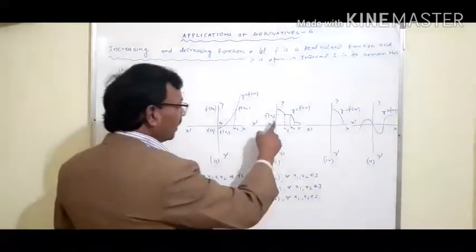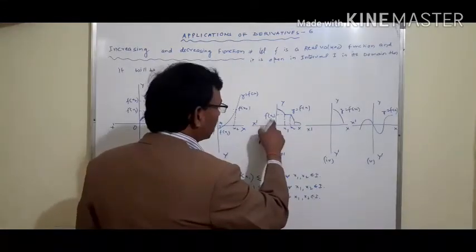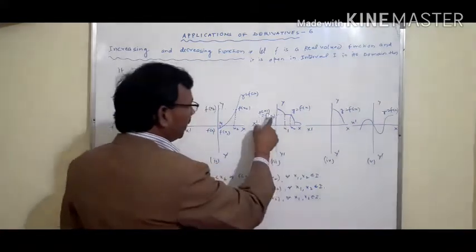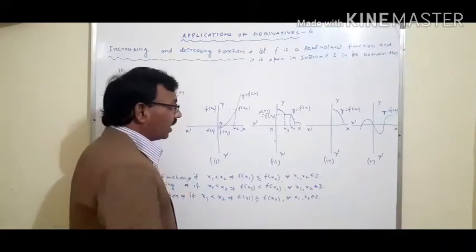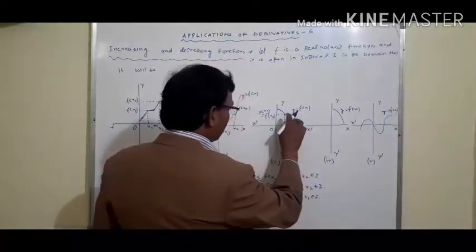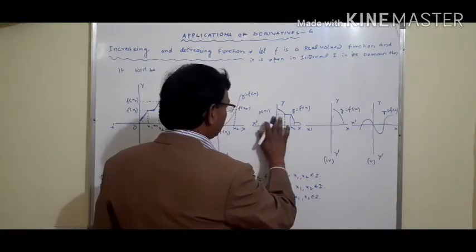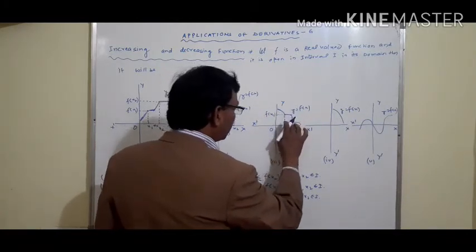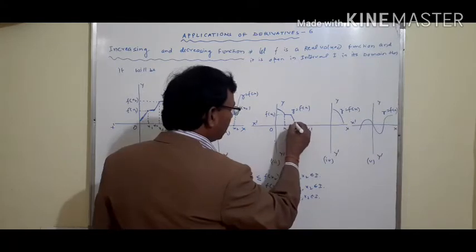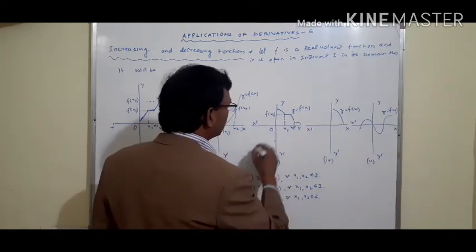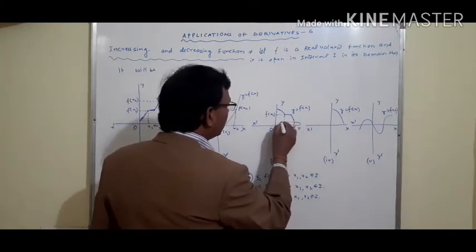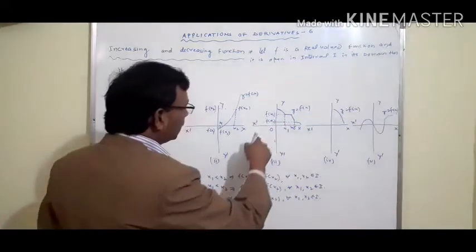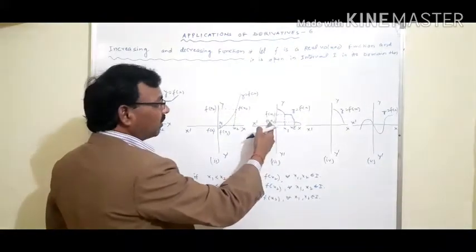That means f of x1 and f of x2 are both equal here. But if you take x2 at this other point, then f of x2 will be lower, so in this case f of x1 is greater than f of x2.